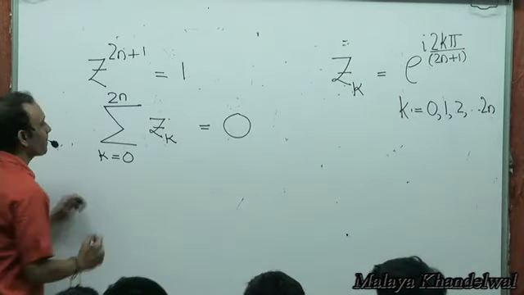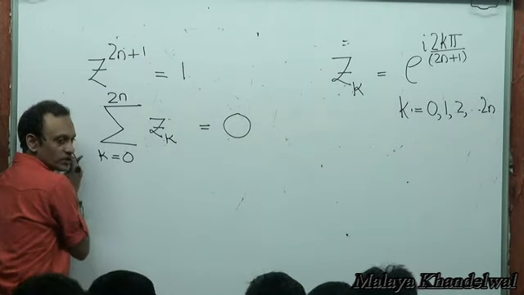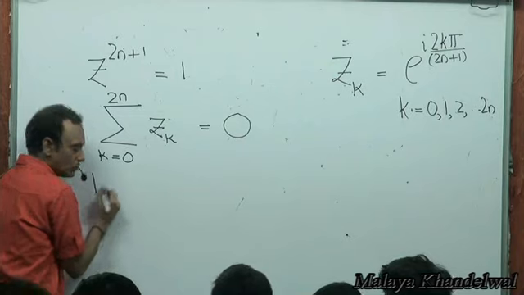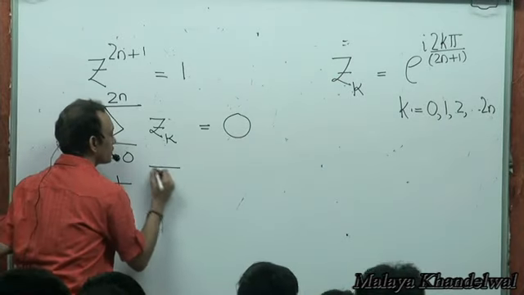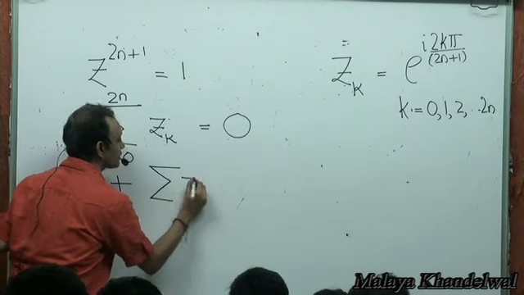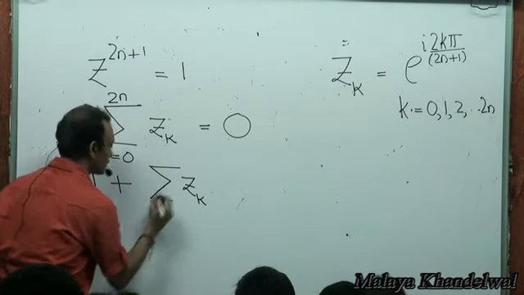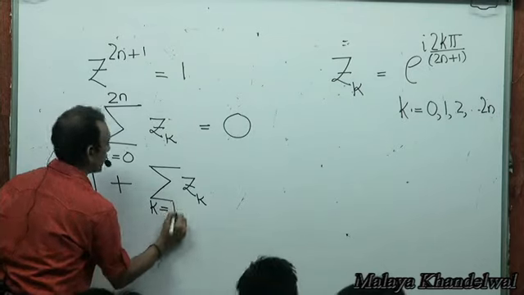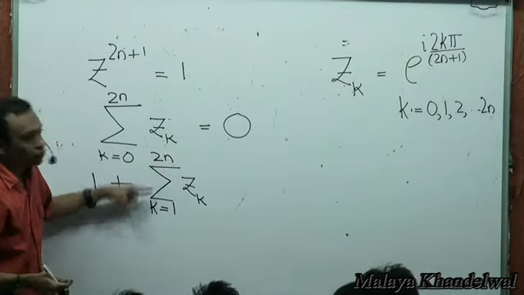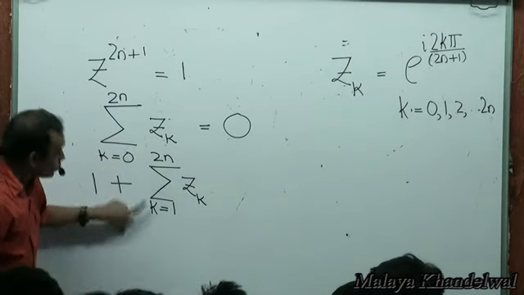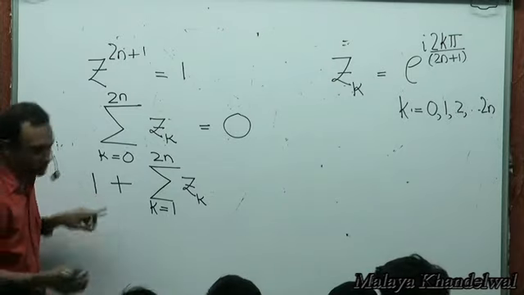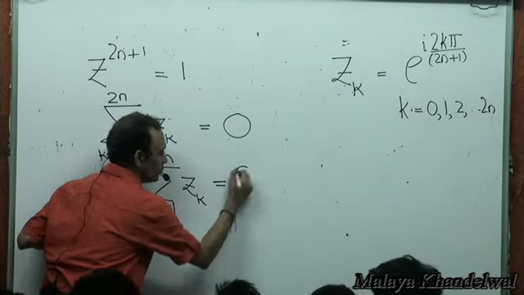If I isolate k equal to 0, I get 1, z0, and then the rest I write as summation zk, k equal to 1 to 2n. There are 2n complex roots of unity and 1 real root of unity in this. That's equal to 0.